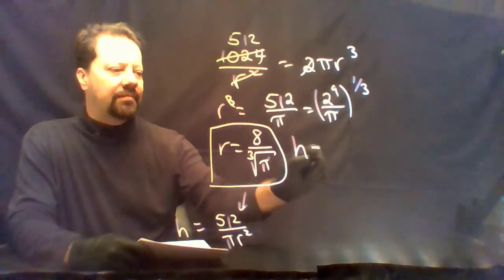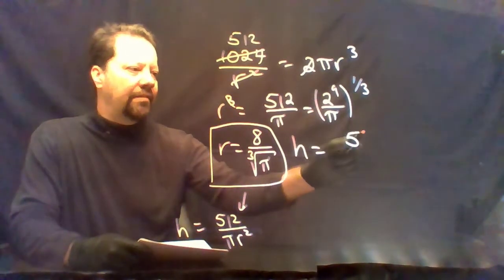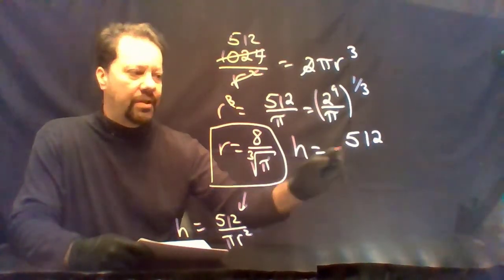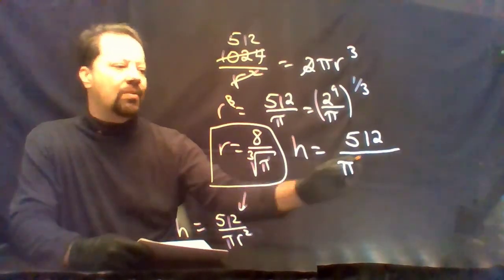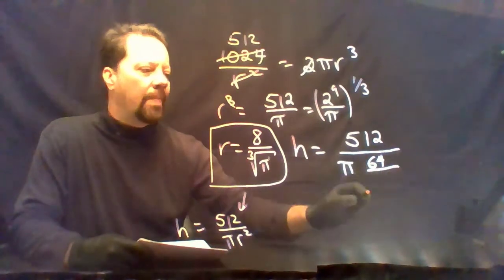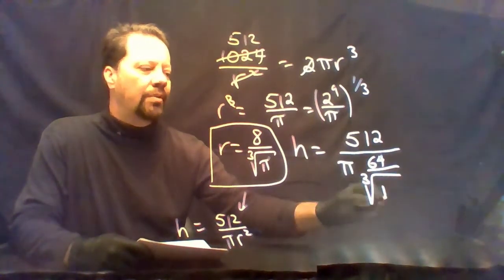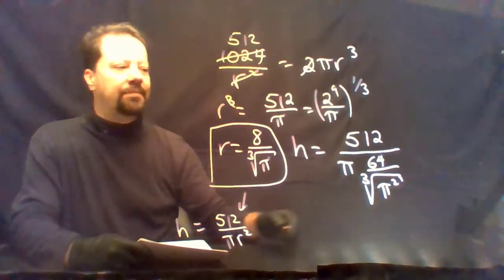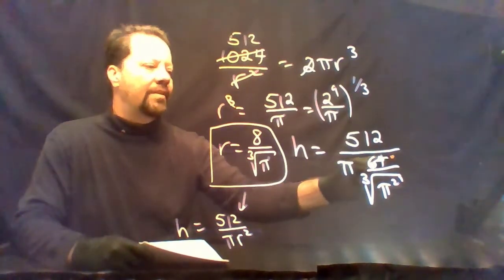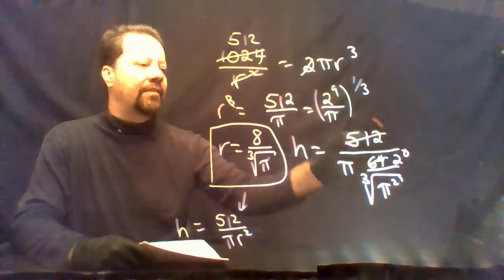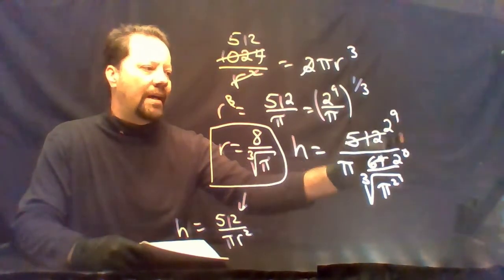Substituting, we have this 512, which is 2 to the power 9, divided by pi r squared, which is 64 over the cube root of pi squared. We can simplify this somewhat. 64 is 2 to the power 6, and 512 is 2 to the power 9.